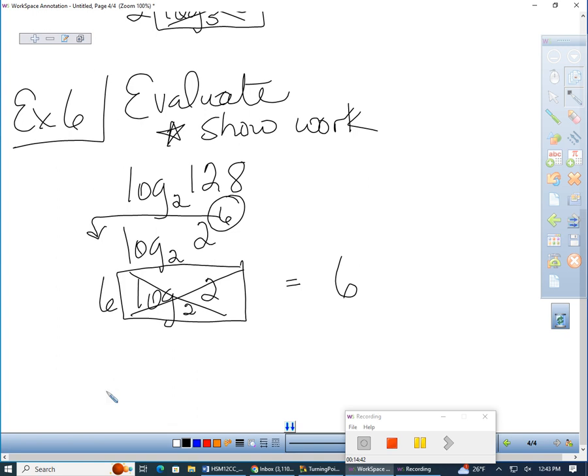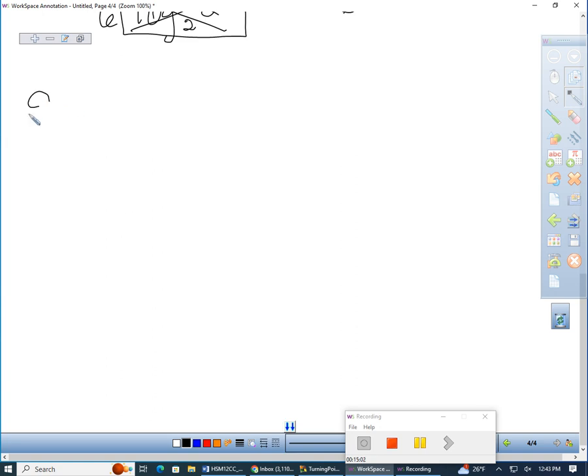All right, I want to do one showing you the other way, instead of following the rules, using the exponential form of it. All right, evaluate.